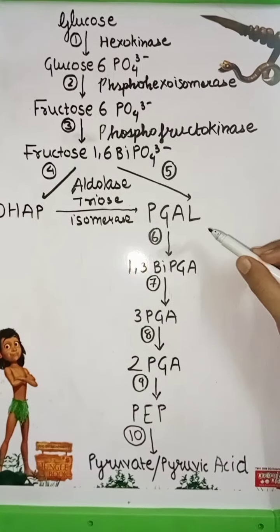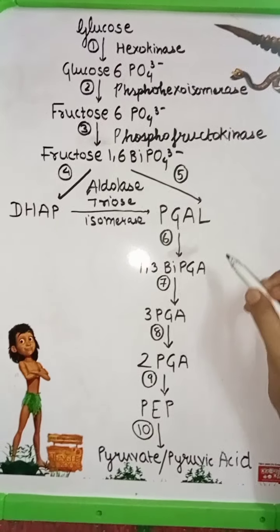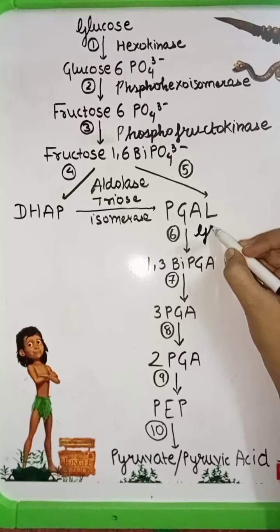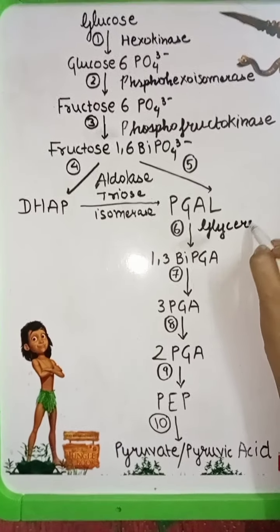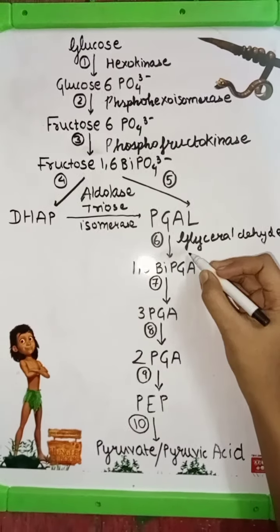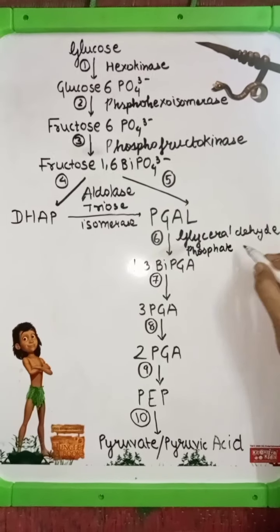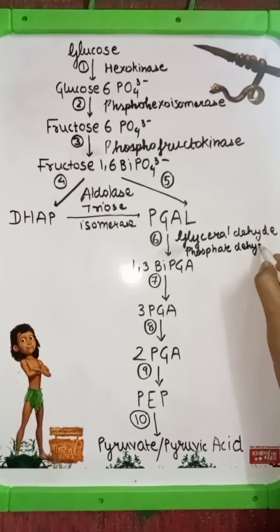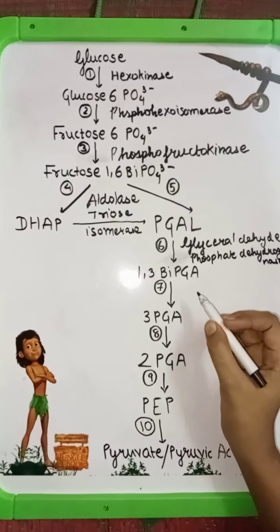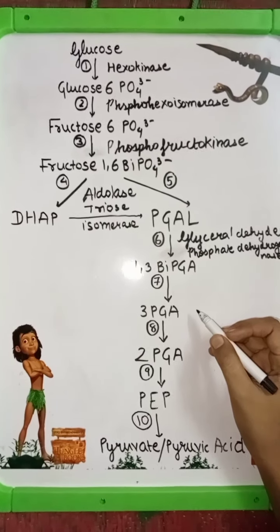Now from 3-phosphoglyceraldehyde to 1,3-bi-PGA, the enzyme is glyceraldehyde phosphate dehydrogenase. Now from 1,3-bi-PGA to 3-PGA, we'll get the enzyme phosphoglycerate kinase.